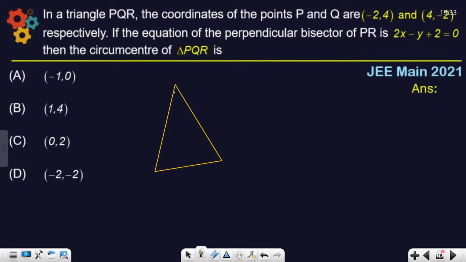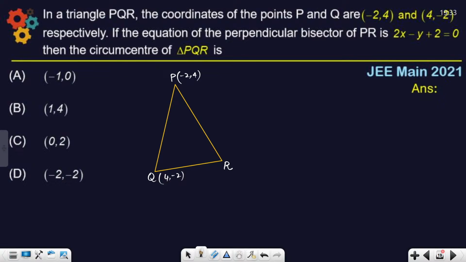In the triangle PQR, the coordinates of point P is -2, 4. Coordinate of point Q is 4, -2.